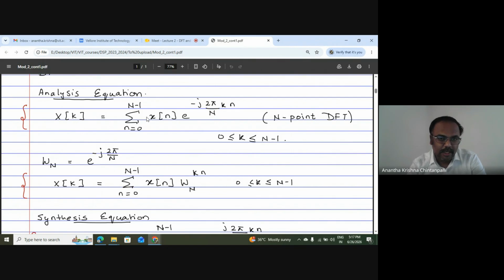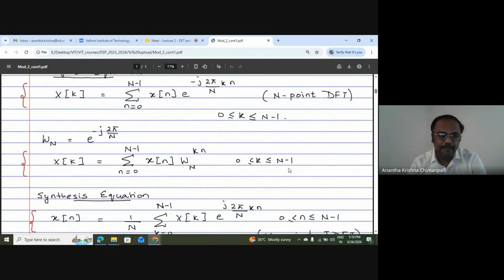Everything up to this point is the same; now, instead of e to the power of minus j 2 pi k by capital N, we put W N, and then this k times little n stays k times little n. Again, k goes from 0 to N minus 1 inclusive. We call this the analysis equation.